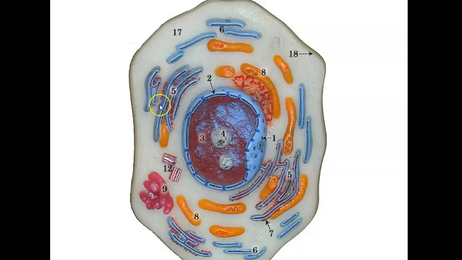This organelle here that's represented by number 5 is the rough endoplasmic reticulum. The reason why it's called rough is because of the little ribosomes that are represented by these little red dots here attached to the outer surface. Now you can't see the ribosomes on the outside of the nucleus here, but sometimes we do have ribosomes that are attached to the nuclear membrane. So the major function of ribosomes is to produce proteins.